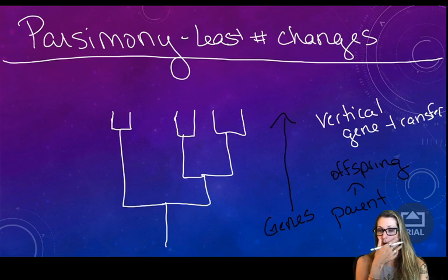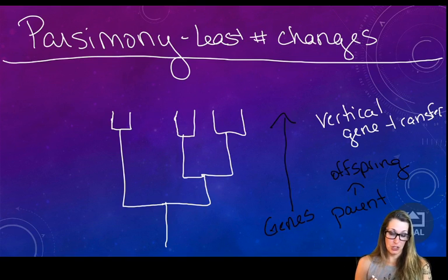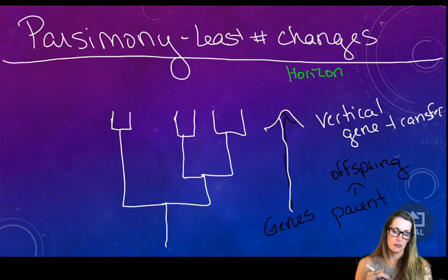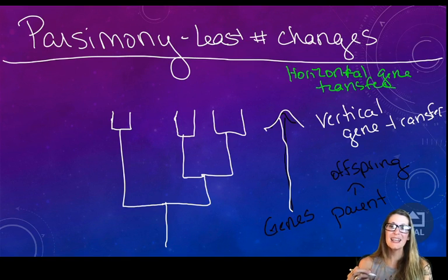In the video that you're going to watch in just a minute, or whenever you come back, rather than this vertical gene transfer, where genes are passed from parent to offspring, from parent to offspring, and we have what we call vertical transmission, what you're going to be learning about is horizontal gene transfer. What?